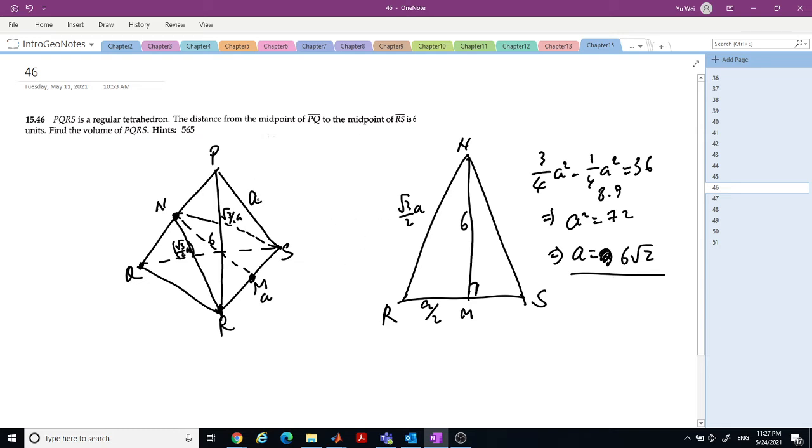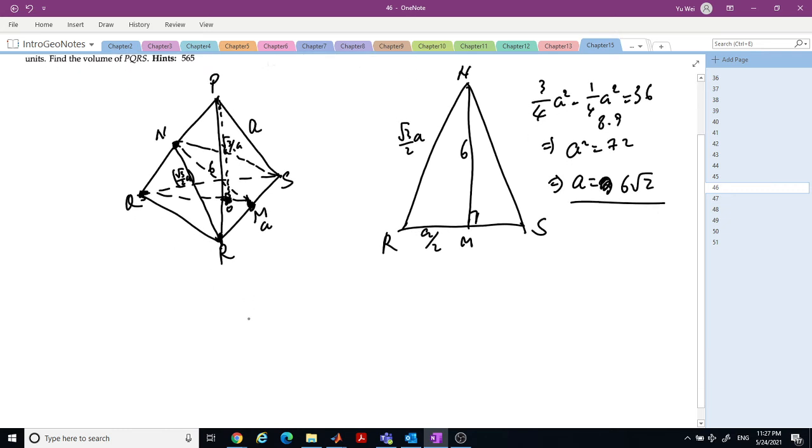When we solve a, then next we're trying to solve the height. The height is landing on the center of the equilateral triangle PQR, right? So now let's draw the height.